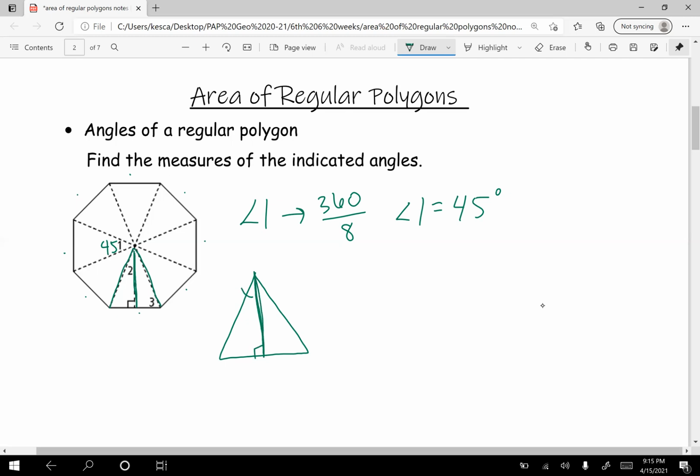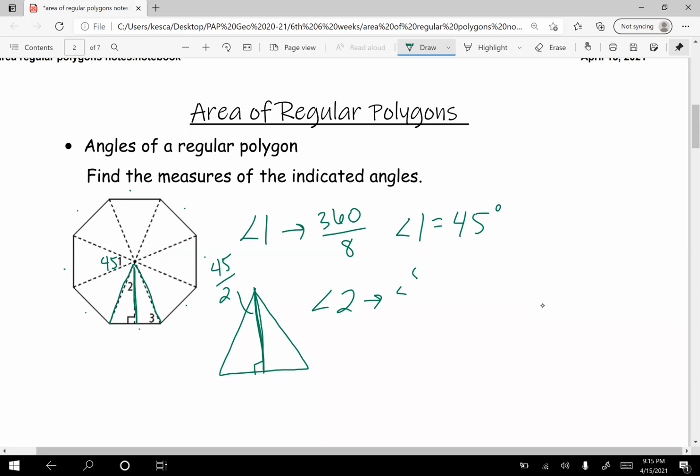So this angle right here, which is angle 2, is going to be 45 divided by 2, because it's half of that. So angle 2 is 45 divided by 2, which is 22.5 degrees.